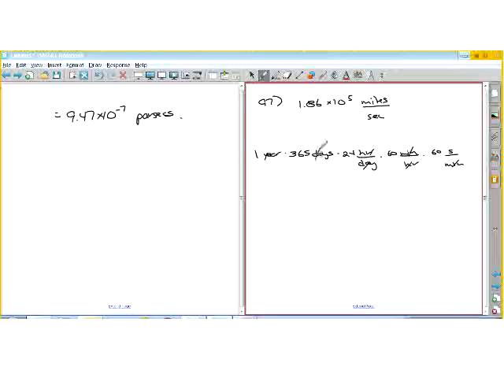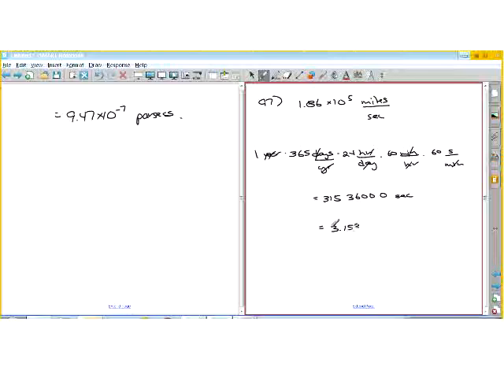And so these will cancel out, and you'll end up with seconds per year. So let's cancel out. So we get 365 times 24 times 60 times 60. So 31,536,000. Okay, so that's seconds per year.